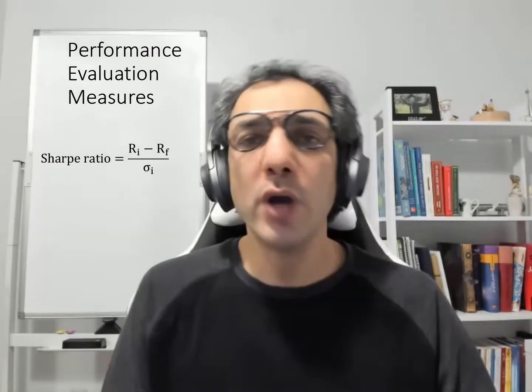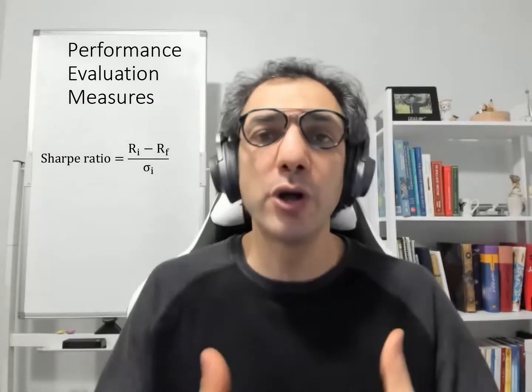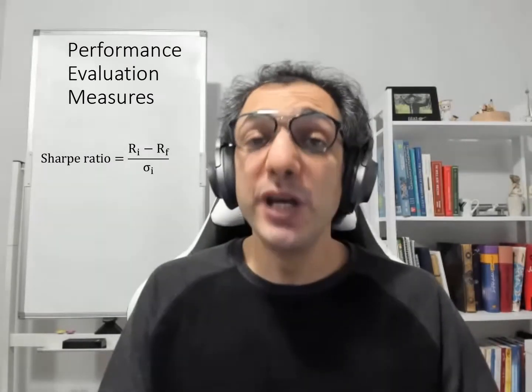One of the most important ones is called Sharpe ratio, which is also called reward to risk ratio. The ratio compares the excess return of the investment with the risk. And the risk is measured by the standard deviation. We learned that the standard deviation is used to measure the total risk, both systematic and unsystematic risk.